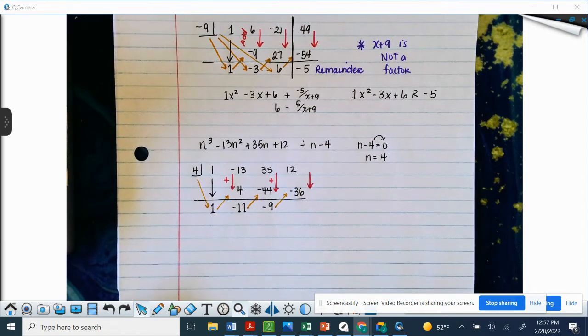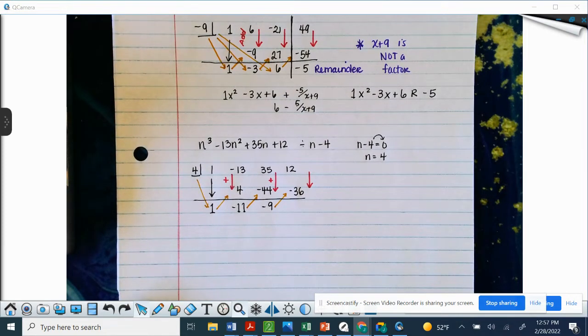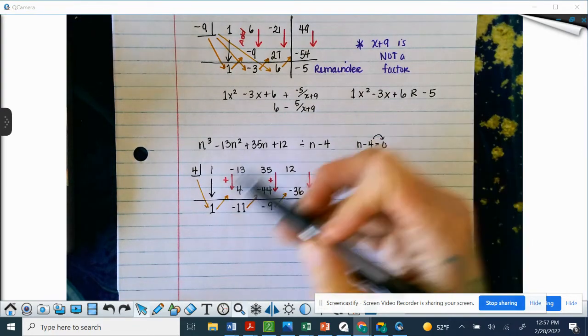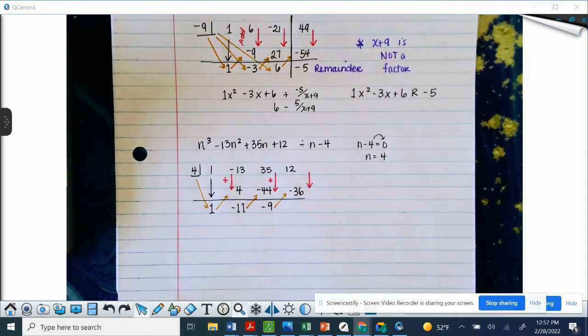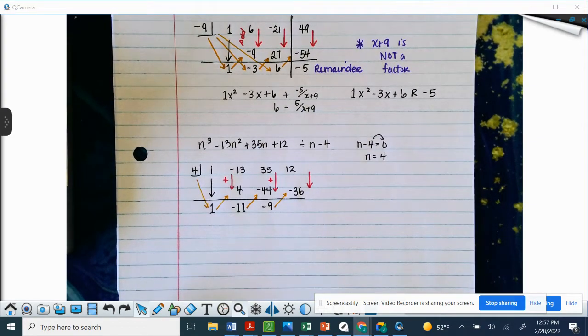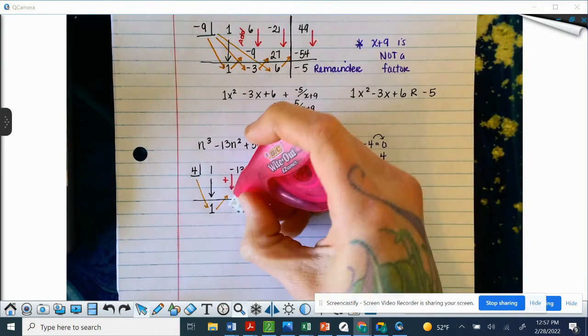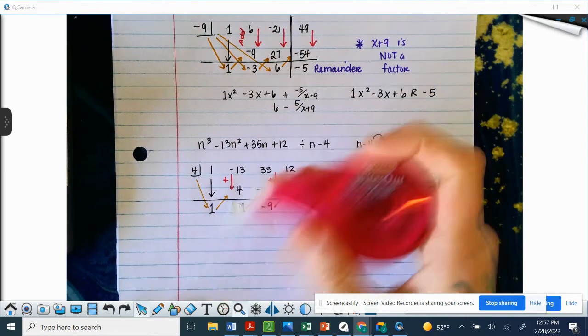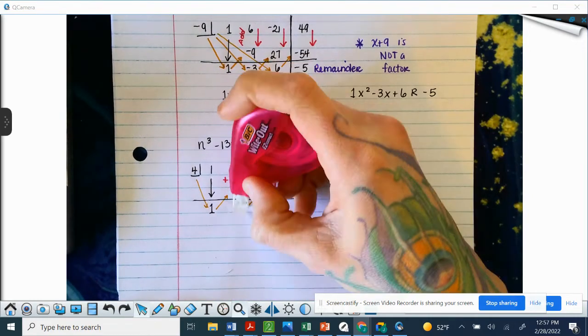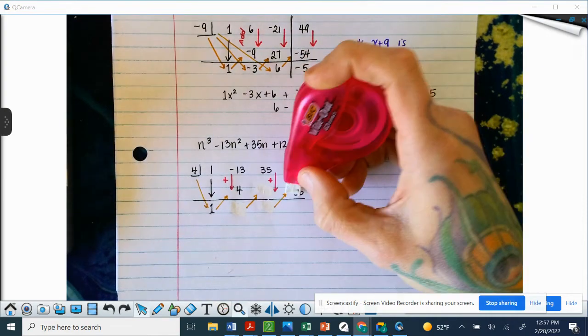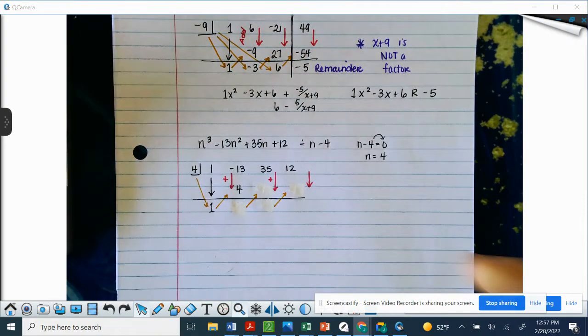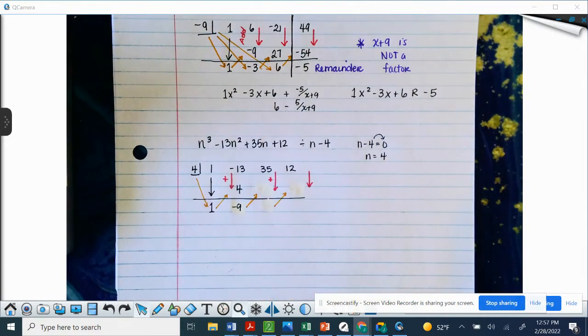Yep. Yes, sir. Working down is always add. Bounce is multiply. So wouldn't that be a negative 9 instead of a negative 11? Yup. Good call. That negative 9, I hear you now. I forewarned you. And I didn't use erasable pens. Fail on my part. Yes, negative 9. So back to that, make sure you use your calculator or you make a mistake like Miss Sigmund.